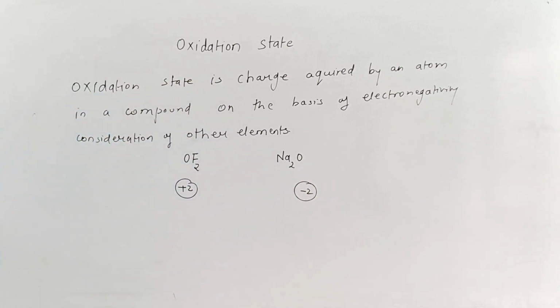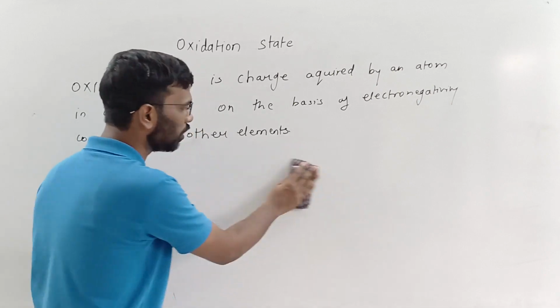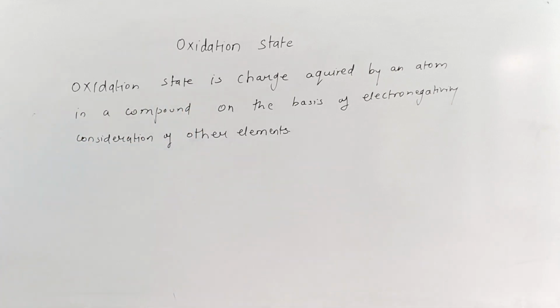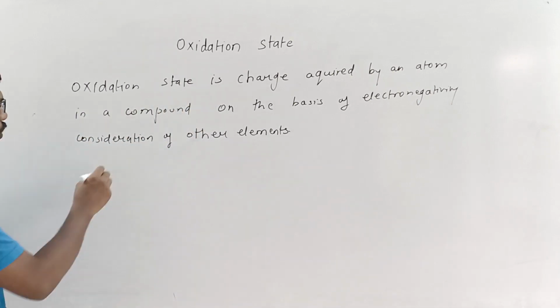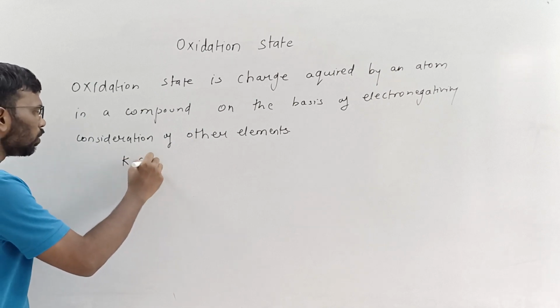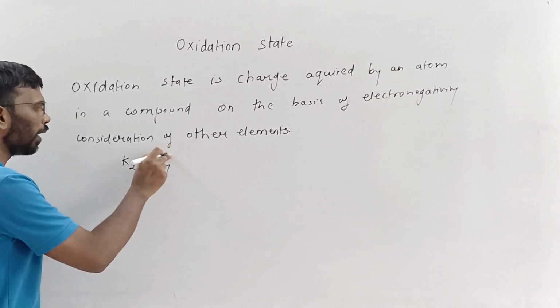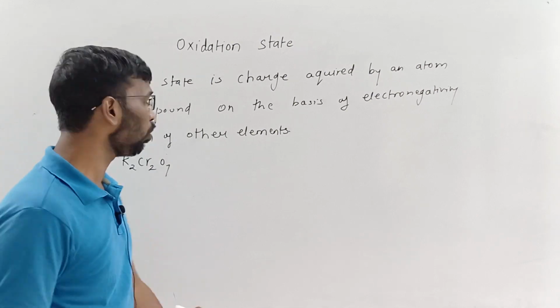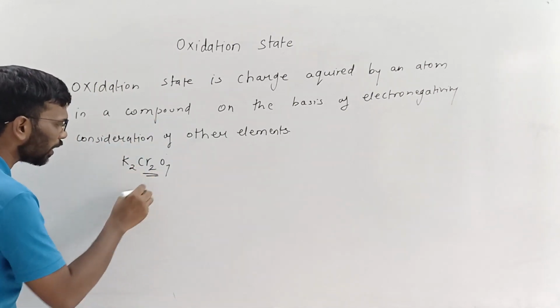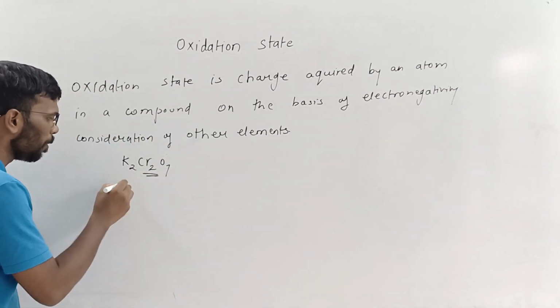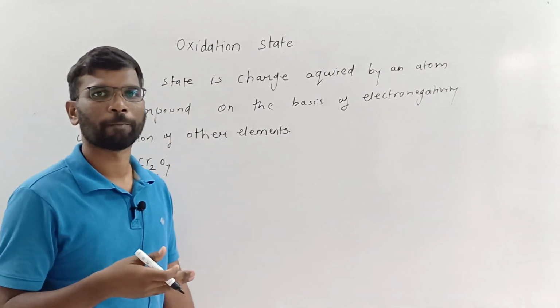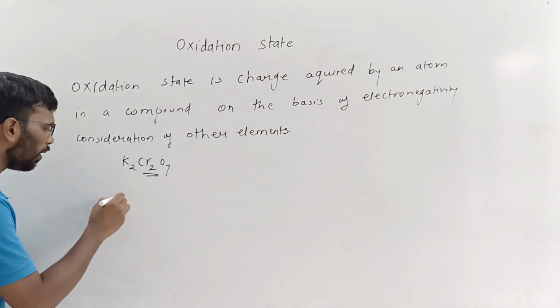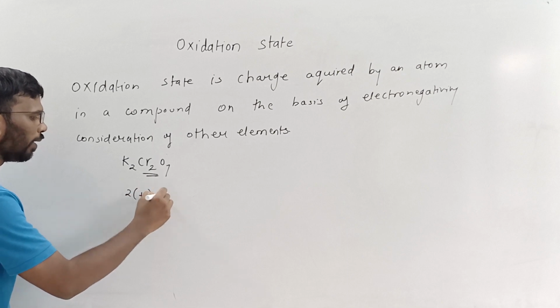Now, how to find the oxidation state on a particular element? Let's take an example of K2Cr2O7, and I want to find it on chromium. It is simple. You make this element X and form an equation. Potassium is a group 1 element, so it will have +1, so 2 into 1.